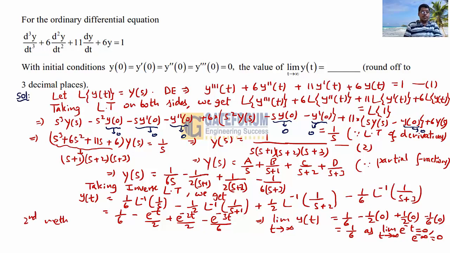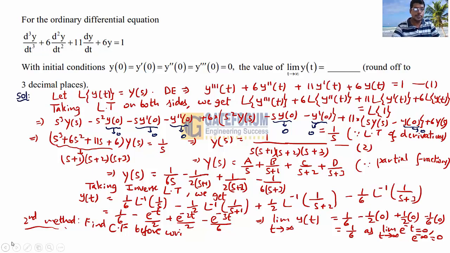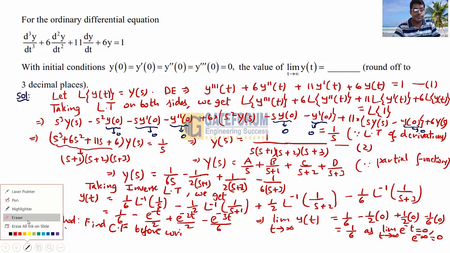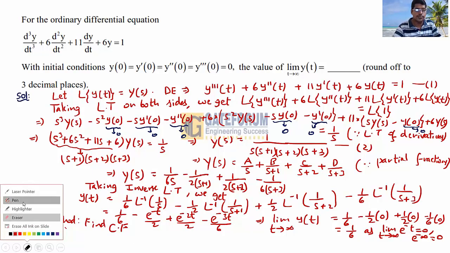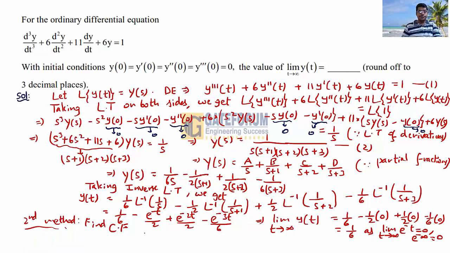Okay, so for the second method, you can do it later; I'm giving the suggestion. Find the CF, complementary function, based on the roots of the auxiliary equation, and the PI, particular integral.